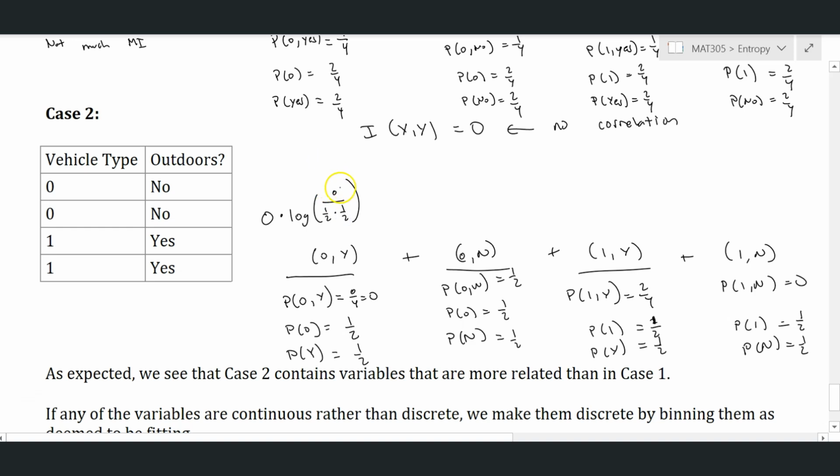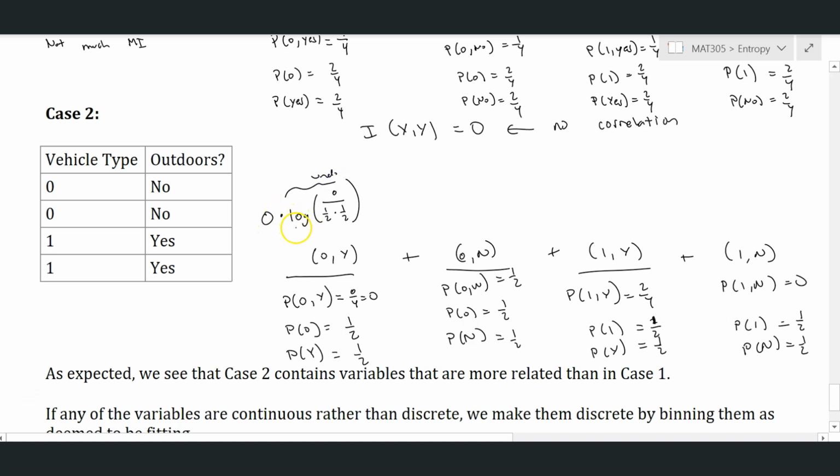Now, this is undefined technically, right? Because log of 0, you do that in your calculator, there is no exponent such that raised on the base that 10 to a power will give us exactly 0, and that's the definition of a log. So this is technically undefined, but it's really about a limit.